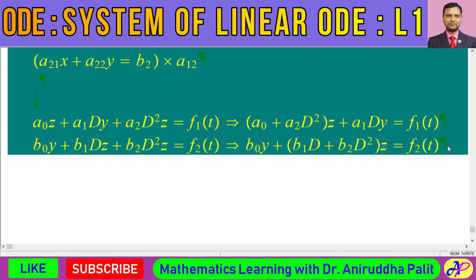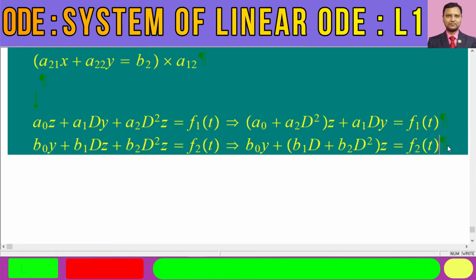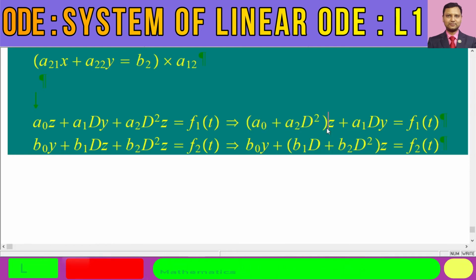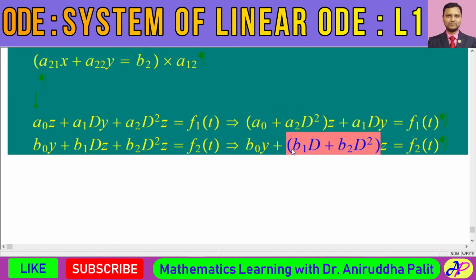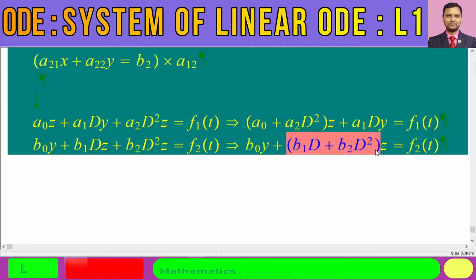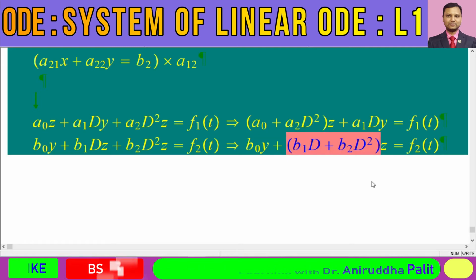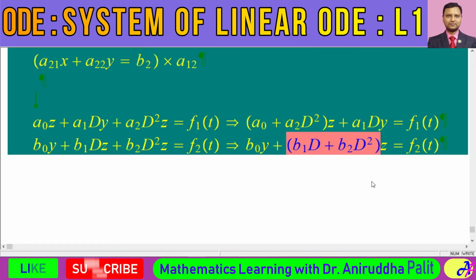Now suppose we want to eliminate one variable. Suppose we want to eliminate z. Then what to do? Just for the time being, consider these two quantities as constants, like real numbers or complex numbers.